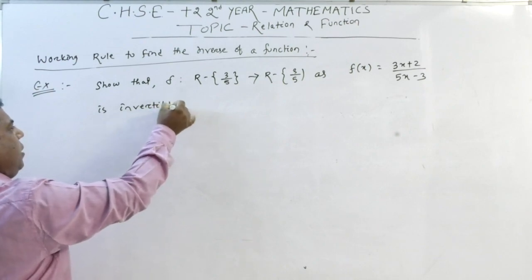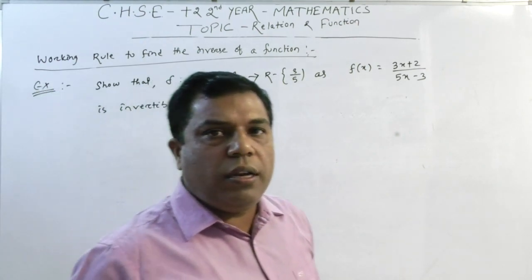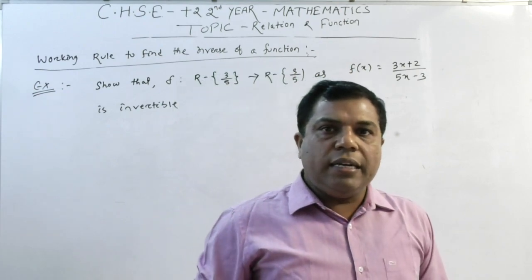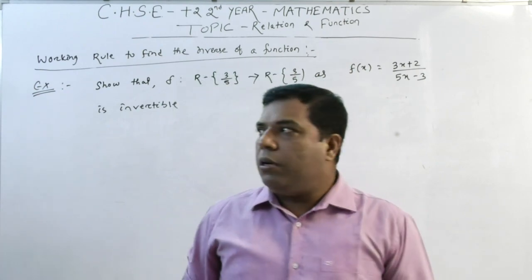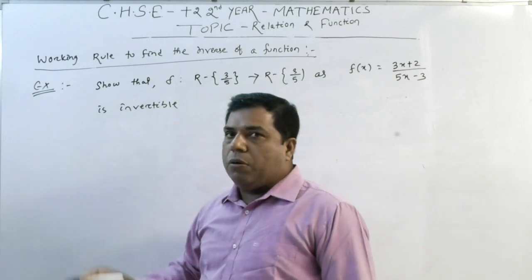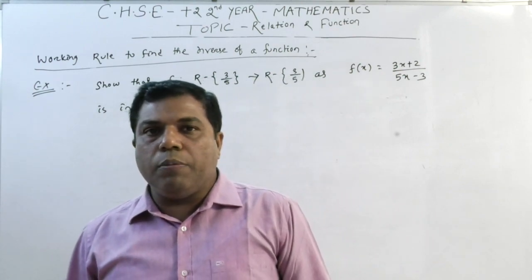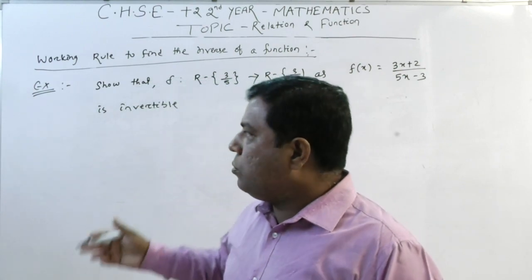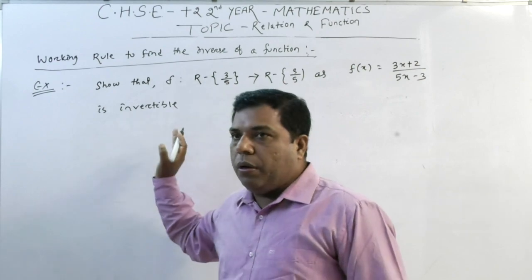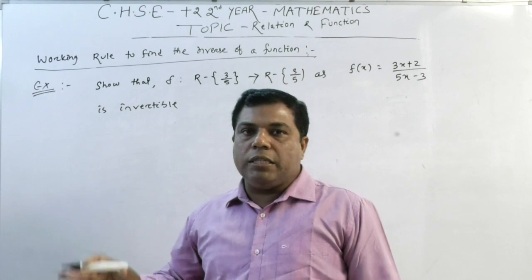So what is the meaning of invertible? Invertible means the original function exists and its inverse, f inverse, the reverse process, can be found. Those functions having an inverse are called invertible. So first of all we have to show that it is invertible, that is, that it is bijective in nature.